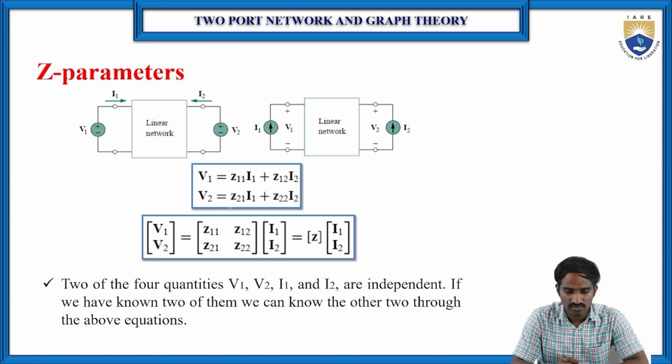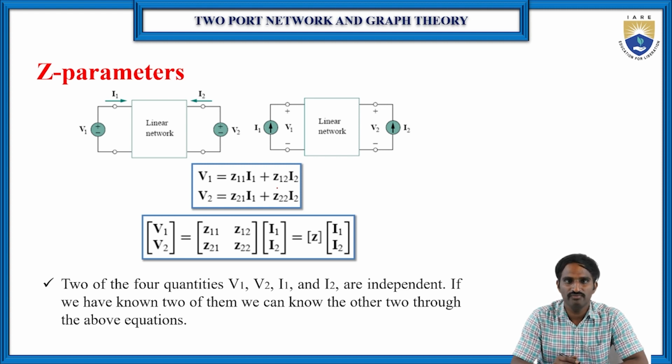We can represent the voltages as functions of the currents. The input and output voltages V1 and V2 are functions of the input and output currents I1 and I2. In other words, the currents are the independent variables and the voltages are the dependent variables, because V1 depends on the values of I1 and I2, and similarly V2 also depends on the values of I1 and I2.